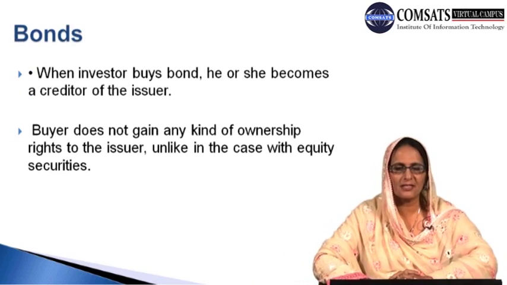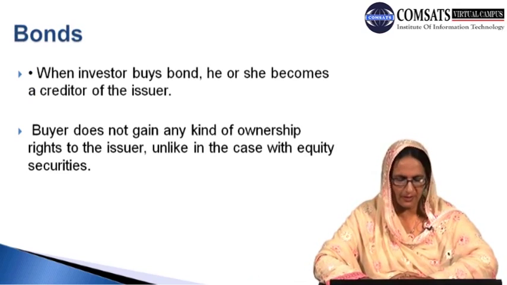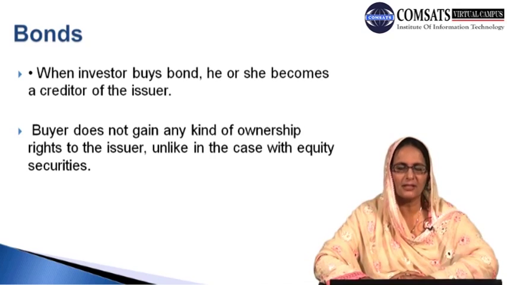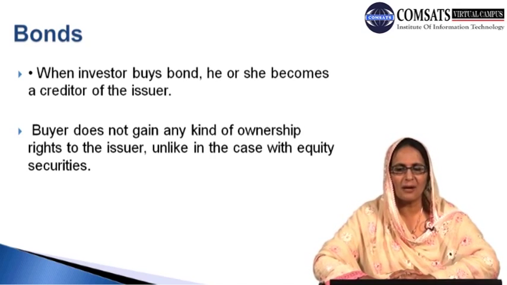What are bonds? We discussed in the last lecture a little bit, and they are basically securities which are provided by the government and by other corporations to the investors. When the investor buys bonds, he or she becomes a creditor of the issuer, and the buyer does not gain any kind of ownership right in the issuer, unlike in the case of equity securities.